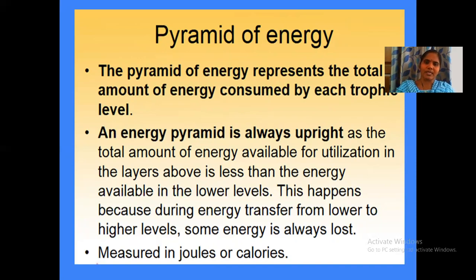So always, irrespective of what type of ecosystem we're considering, whether it is terrestrial or aquatic, lentic or lotic, pond ecosystem, or desert, irrespective of what type of ecosystem we are studying, the pyramid of energy is always upright.